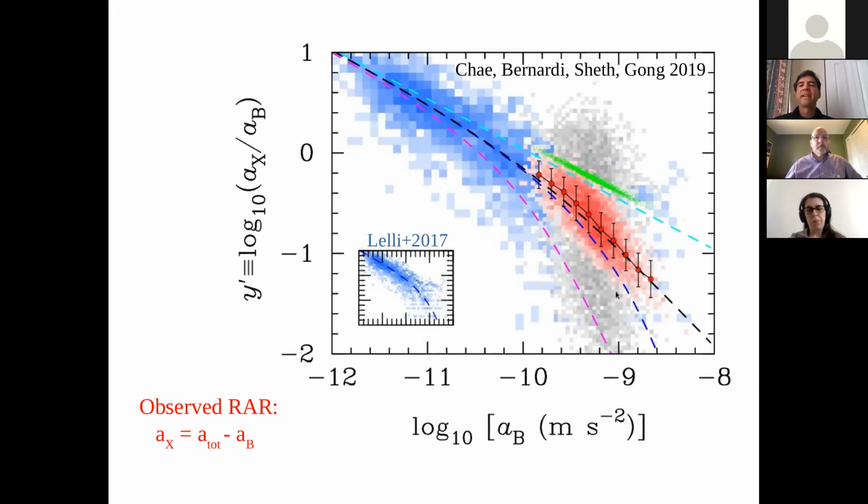But the basic idea was, how well do Asim's mocks do at recreating this thing? The mocks themselves were calibrated on relations that predate the radial acceleration relation.